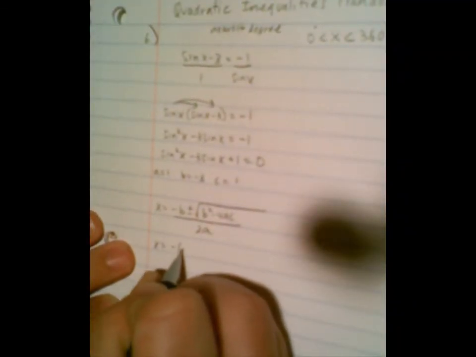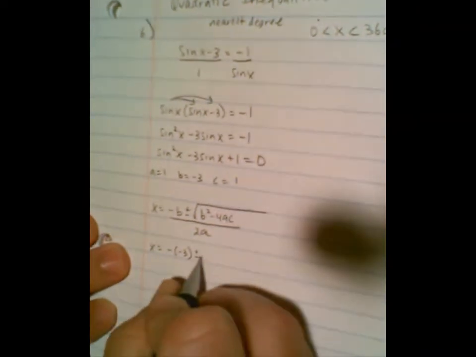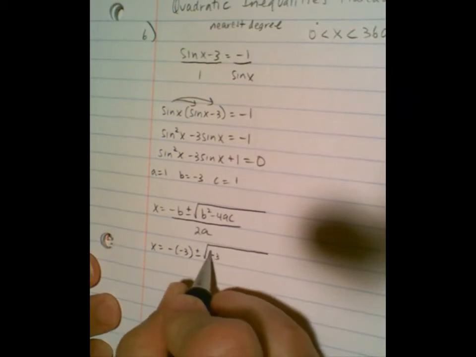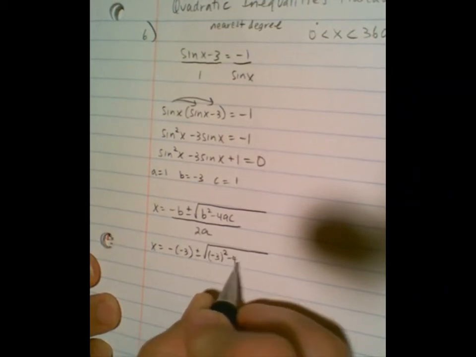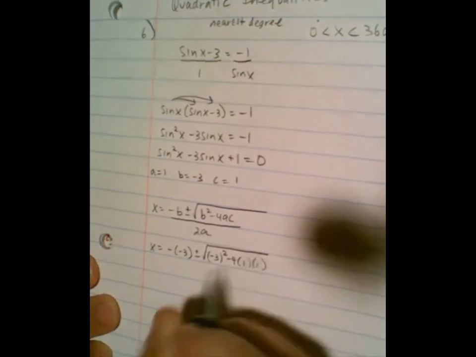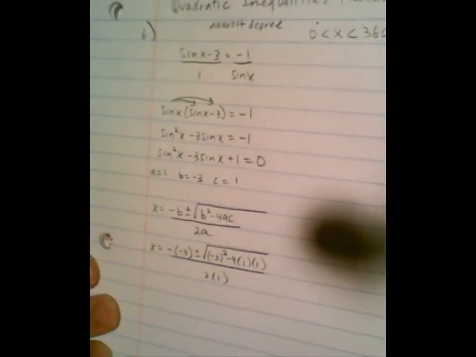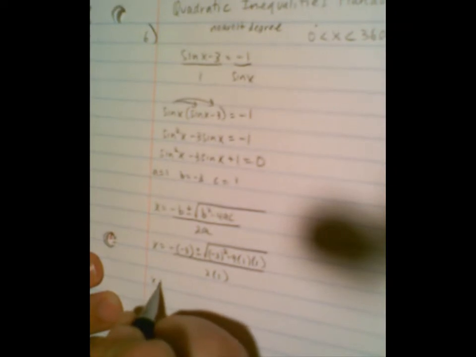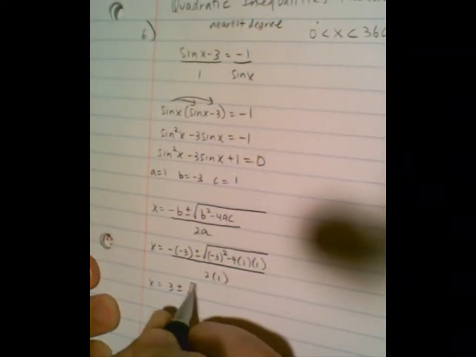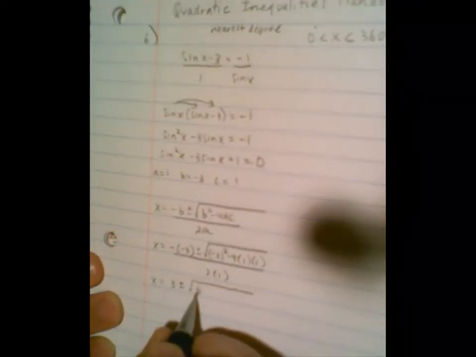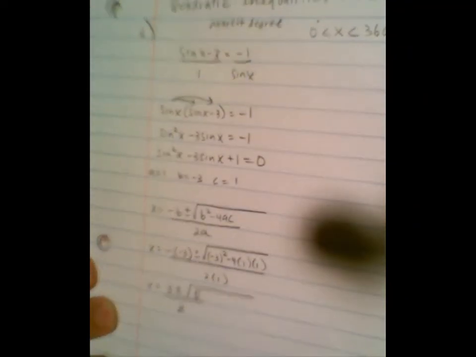Okay? So now I'm going to plug everything in. X equals -(-3) plus or minus the square root of -3 squared minus 4 times 1 times 1 all over 2 times 1. X equals 3 plus or minus the square root of 9 minus 4, which is 5, over 2.